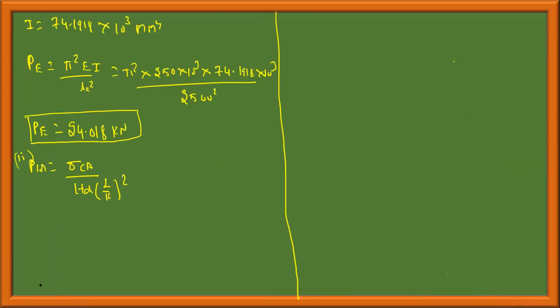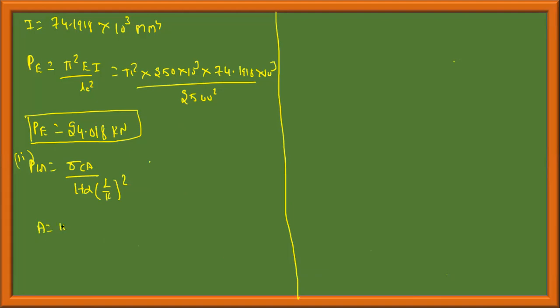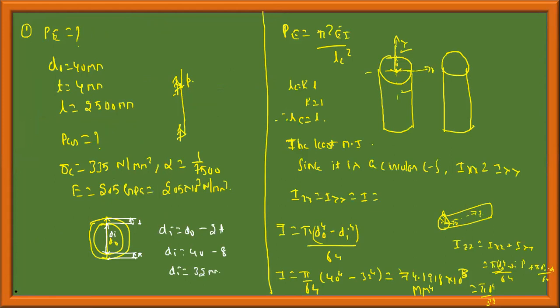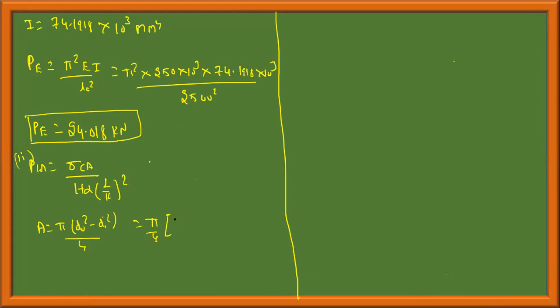Next, sigma C, which is equal to 335. Okay, before that, let me calculate one by one. Area A is equal to pi d naught square minus di square by 4, or pi by 4 into d naught square minus di square. D naught is 40 square minus 32 square.